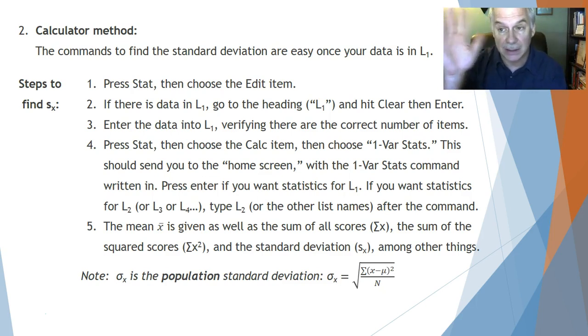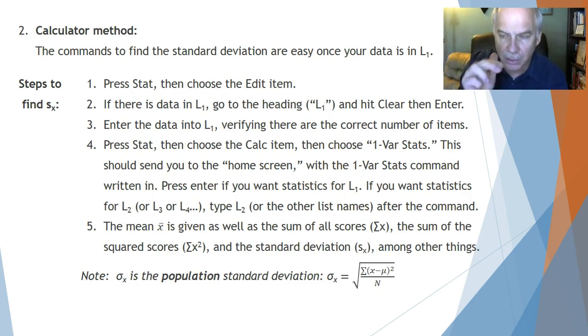Hit clear, not delete on your calculator, but clear and then enter. All right. If you've accidentally hit delete, then you got to do the setup editor. You got to go stat and then choose setup editor and do that until it says done. But it's best just to go up to the heading of L1 and hit clear and then enter.